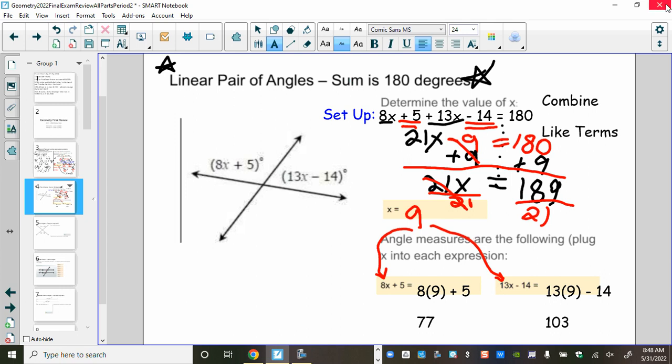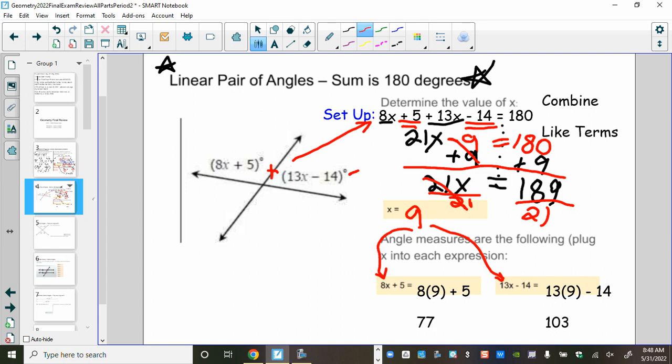Questions? Again, you need to be familiar with the diagram and the setup. You have to be able to relate what you see here to there. All right, questions before we move on? Because you will get a question like this on your final, I guarantee it.